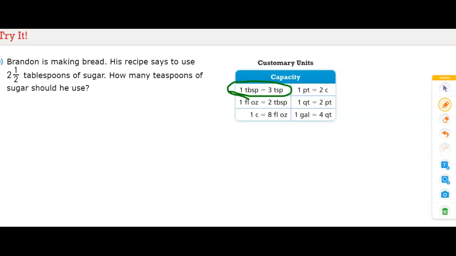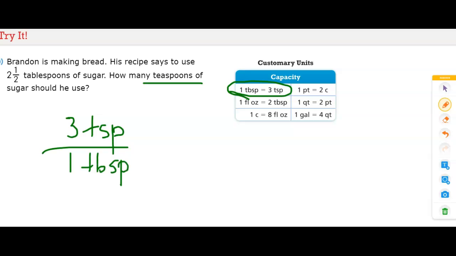So I want to know how many teaspoons. So I'm going to have my 3 teaspoons as the top of my ratio over 1 tablespoon. And I'm going to use multiplying by the 2.5.